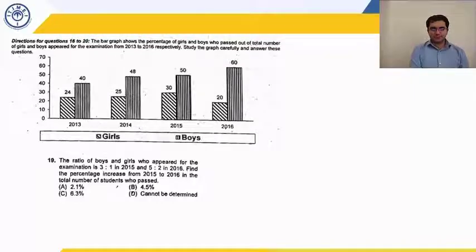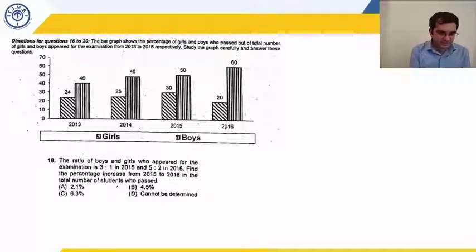Have you been able to spot it? In the last two questions, you were given the percentage change from year to year. But over here, ratios are given, but the percentage change in the number of students is not given. So you cannot find out how many students passed in a particular year.